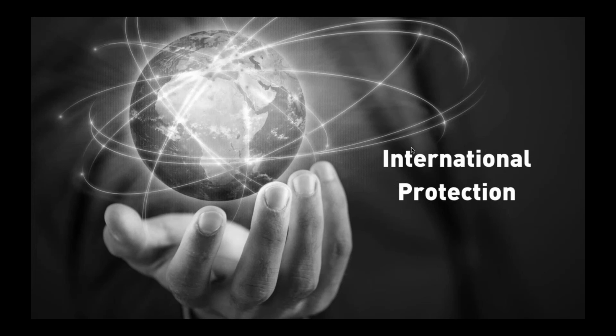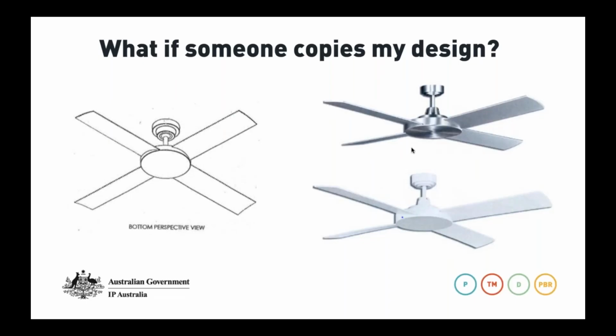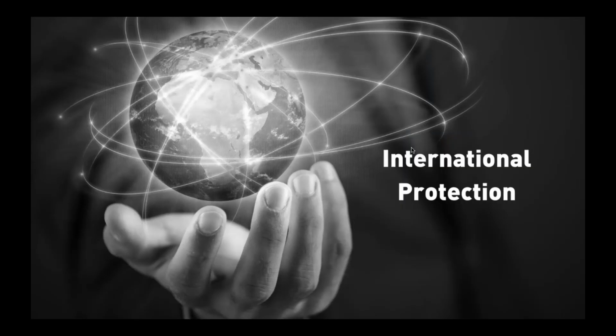The main thing is you need to apply within 6 months of your original application. So if you apply in Australia today, you can use today's date to apply in various other countries and claim today's date, even if you apply in a few months' time, as long as you get it in within 6 months.